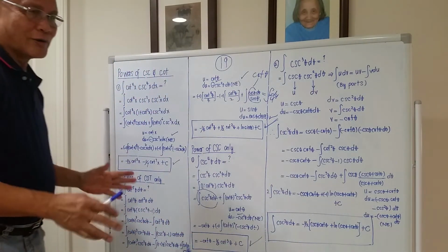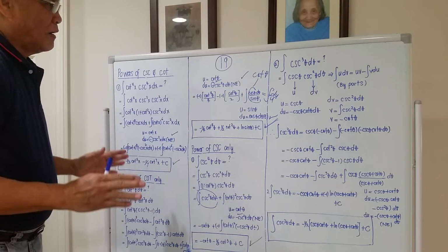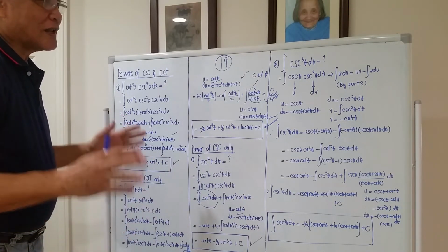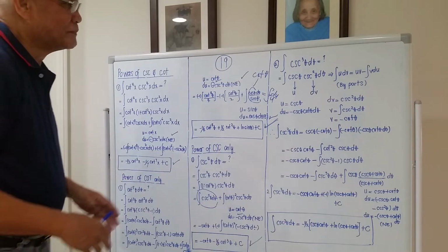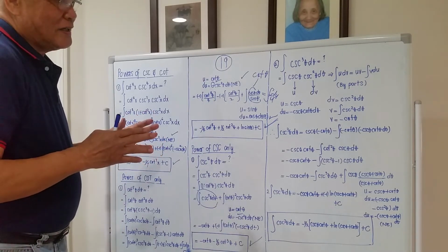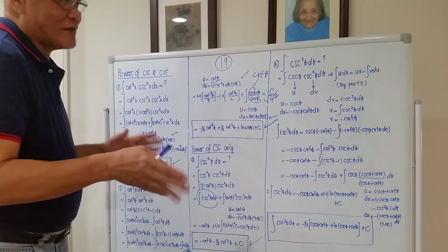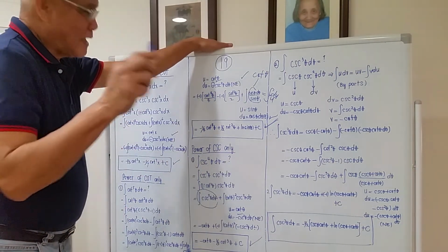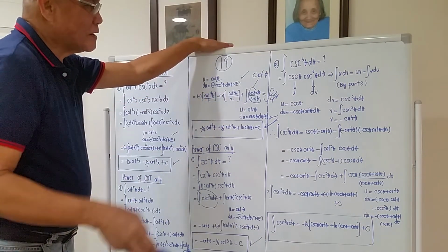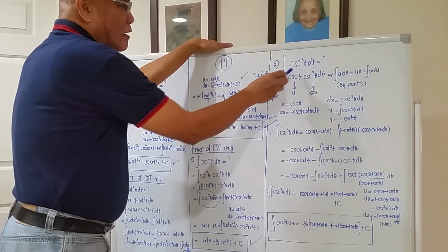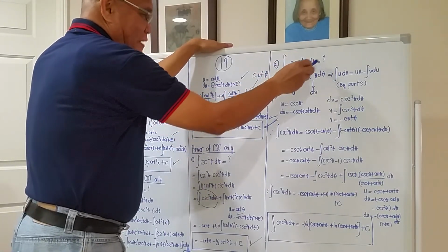Easy if you know your identities. Let's bring out the last example for this afternoon. It's the complicated example. The last example for today is the integral of cosecant cube of theta, differential theta.